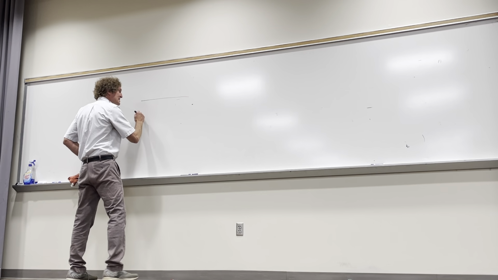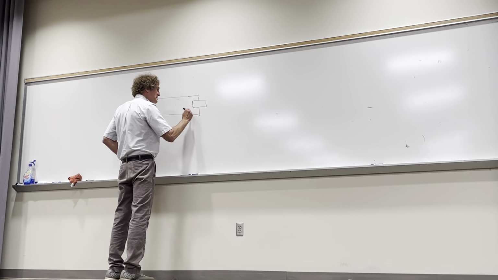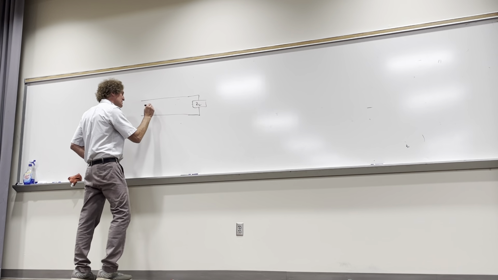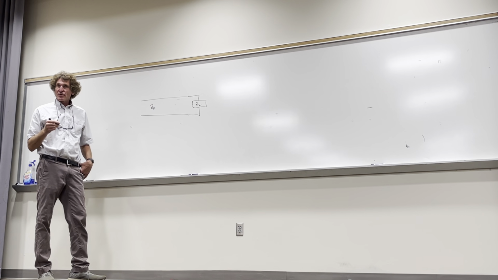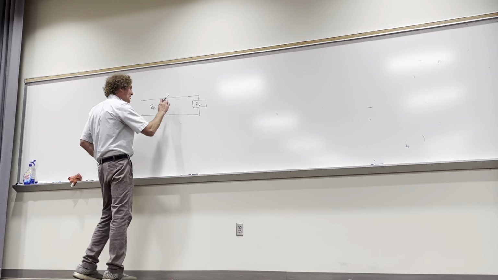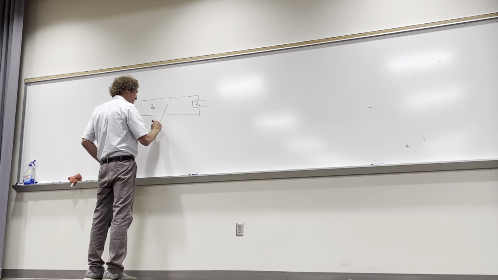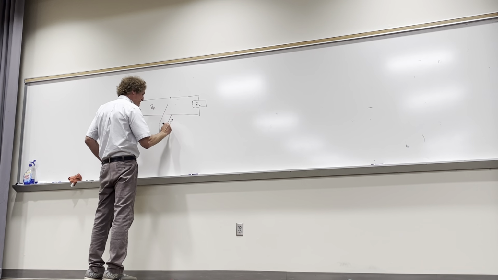We'll start like this. We got a load here, some ZL. We'll make that. Got some Z naught. Why don't we do the most likely candidate for the final, a short stub. So we're going to have a stub here. It's shorted, right? It's going to have some length in the stub line.